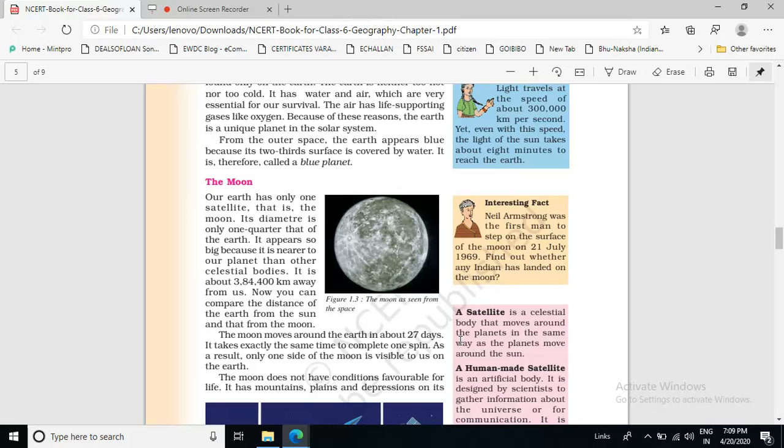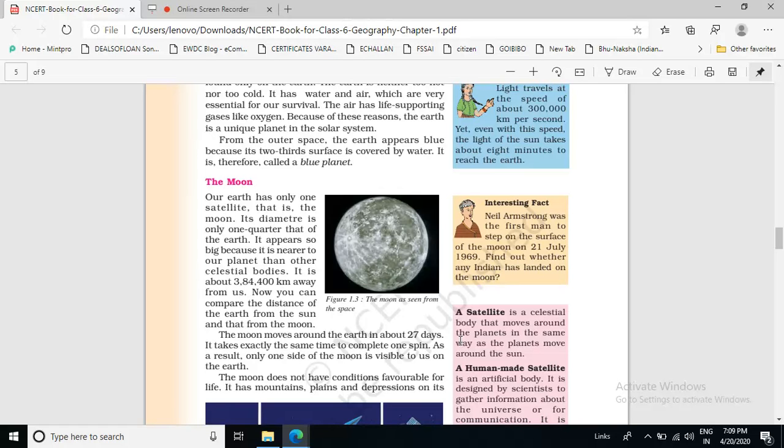Okay? The moon is about 3,84,400 kilometers away from us. So what is the distance between the moon and the earth? It is 3,84,400 kilometers. And what is the distance between the earth and the sun? It is around 150 million kilometers away.